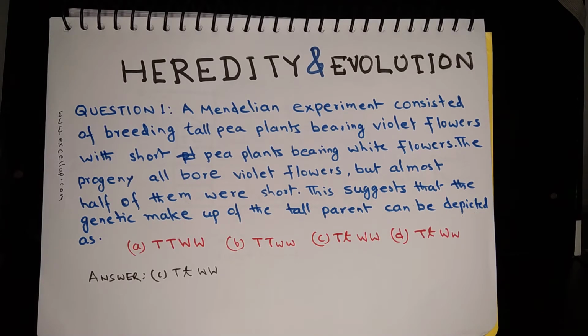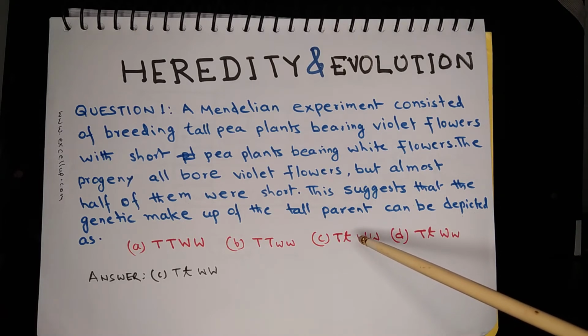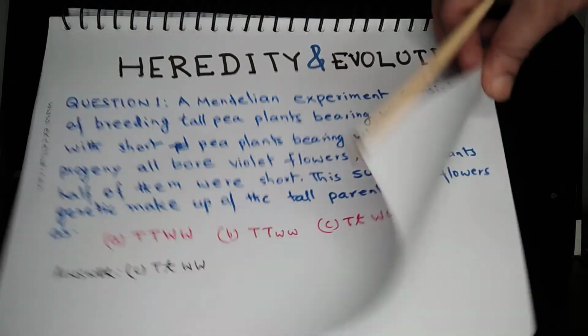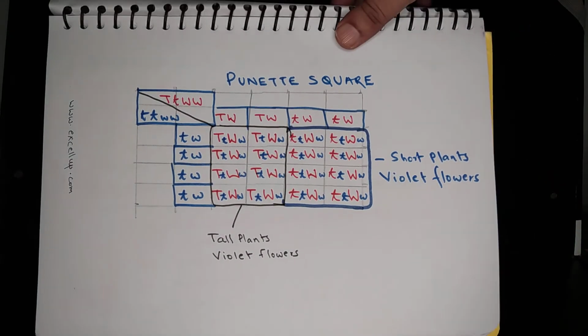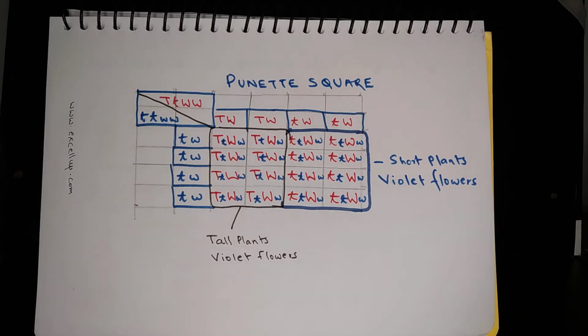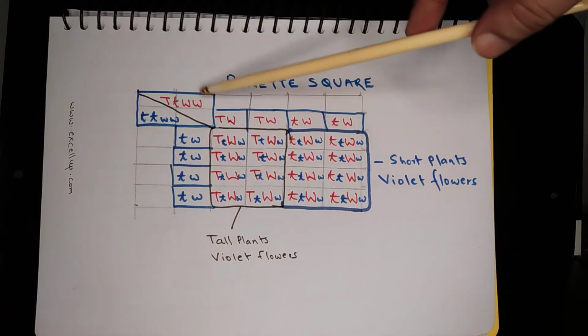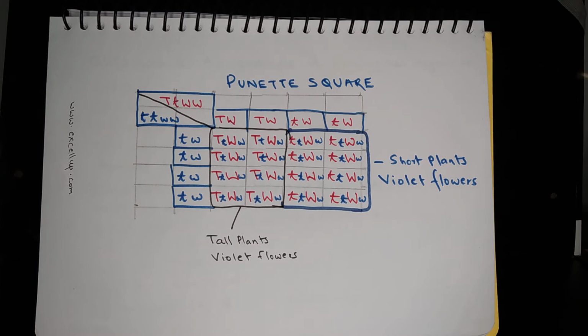The correct answer will be this one, C, that is T followed by small t, then two capital W's. Let us try to understand how this happens. I have made a Punnett square to describe the things. These are the genotypes of parents.